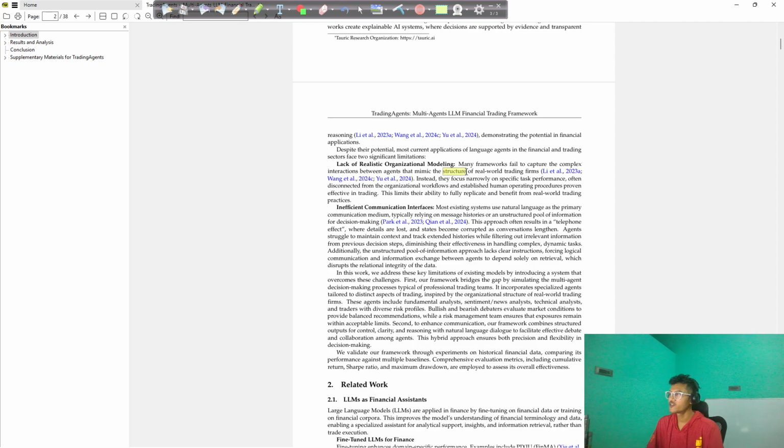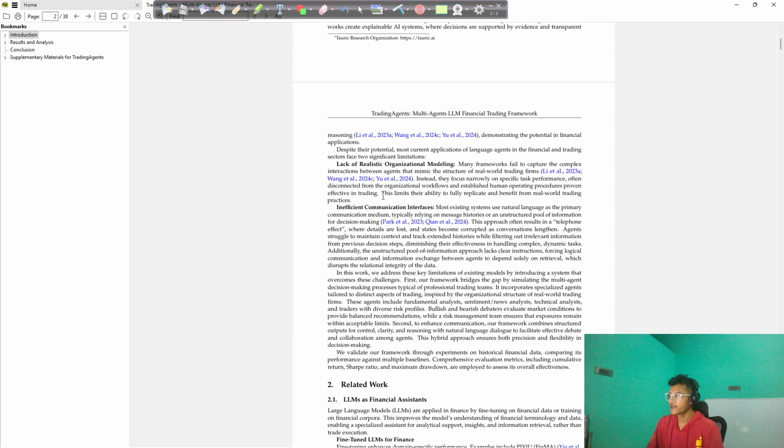It's basically like you have to have good prompts, and instead they focus narrowly on specific task performance, often disconnected from the organizational workflows and established human operating procedures proven effective in trading. Imagine these workflows: we just prompt it and give it to the agent, and it will give us good results.